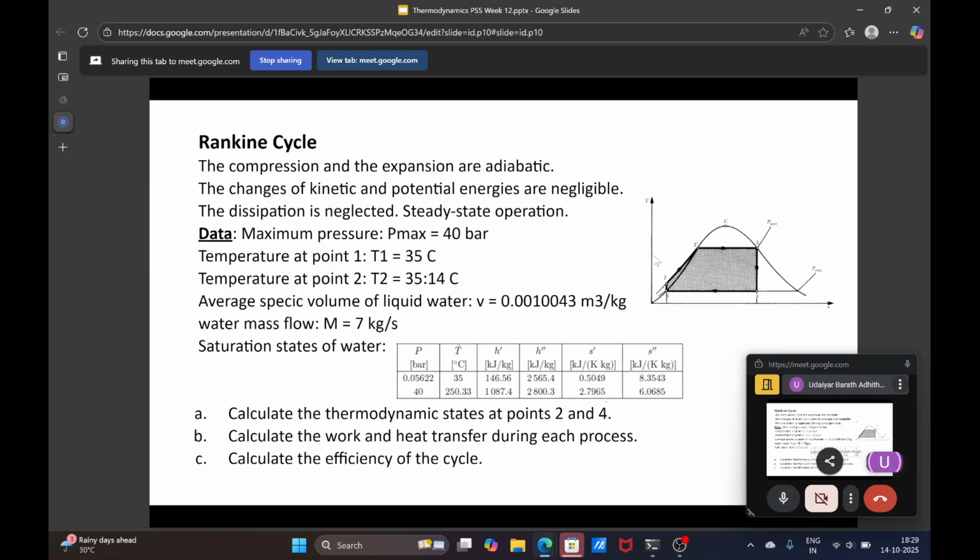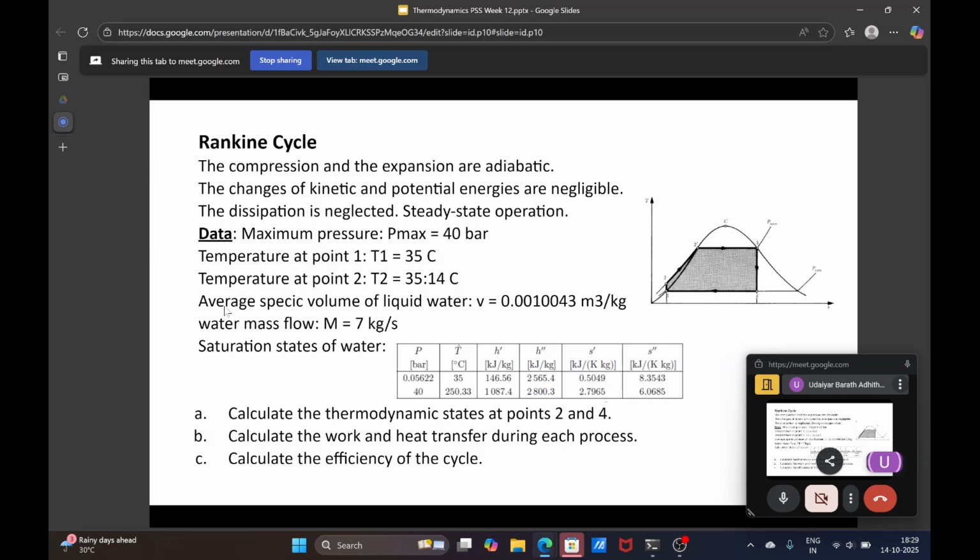Since it's a subcooled liquid, the change in temperature will be very minimal. So ideally you can assume the subcooled liquid to have the saturated liquid enthalpy corresponding to that temperature.